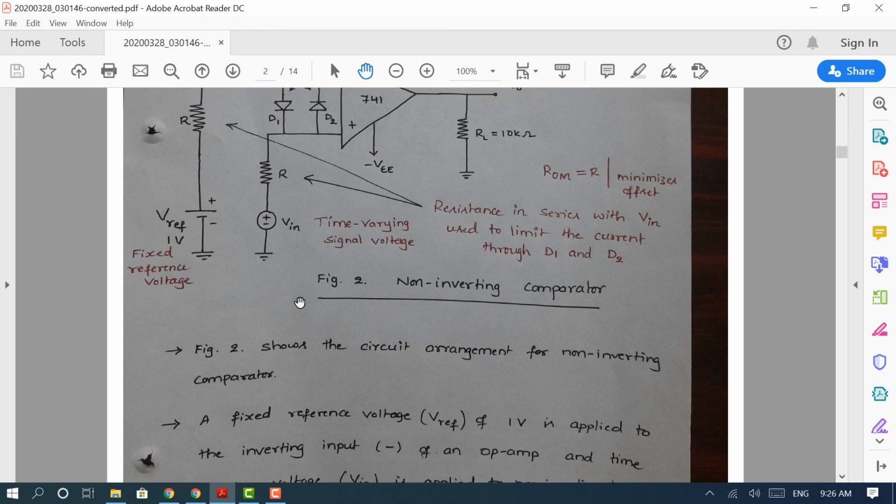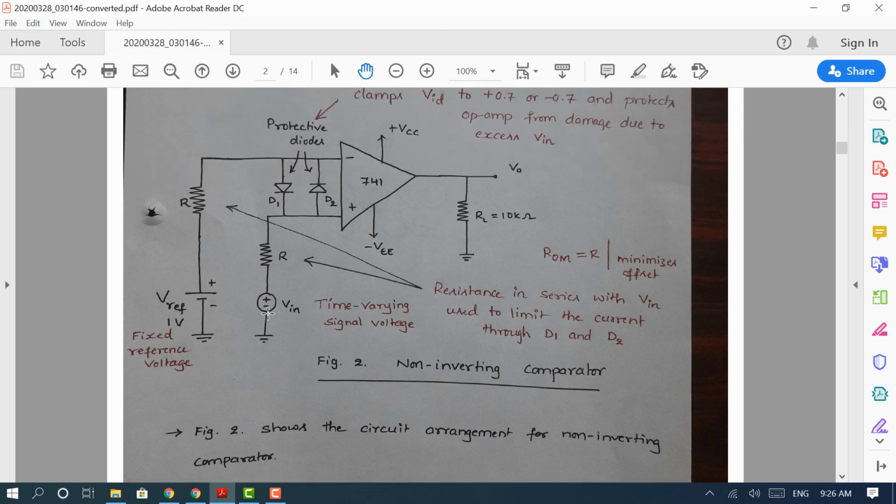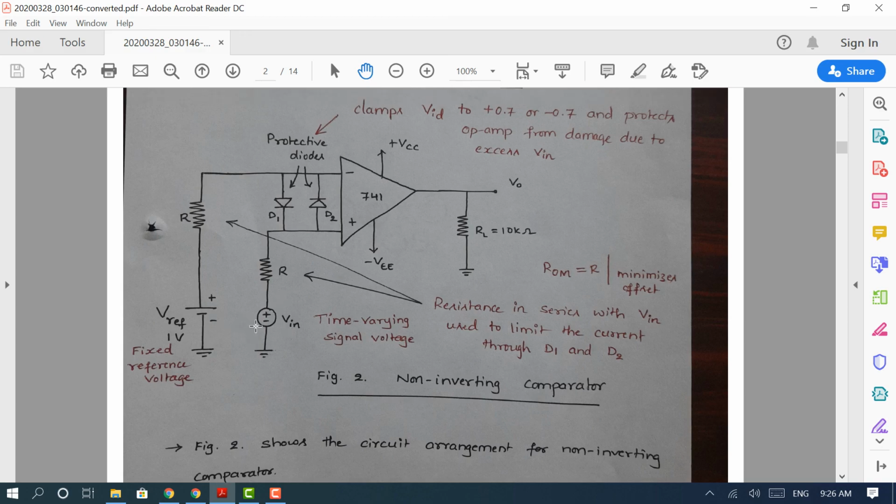We will analyze what happens when the input is less than the V reference voltage. If input voltage is less than the reference voltage, the output will be driven into minus Vsat. We'll explain how this happens a little later.